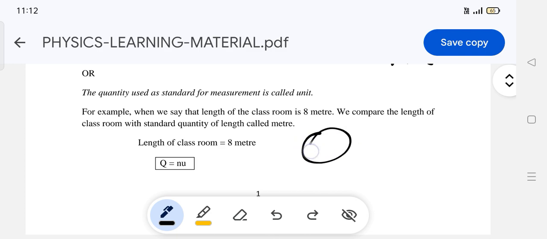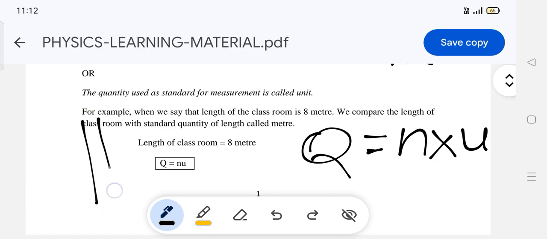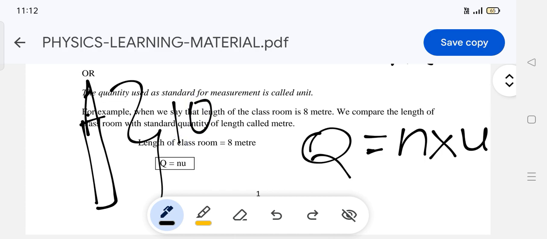Okay, a physical quantity Q is nothing but a number multiplied by a unit. For example, I think this is a pen. If I say its length is 10, is there any meaning for this? No. Without adding any unit, the quantity does not have any meaning.